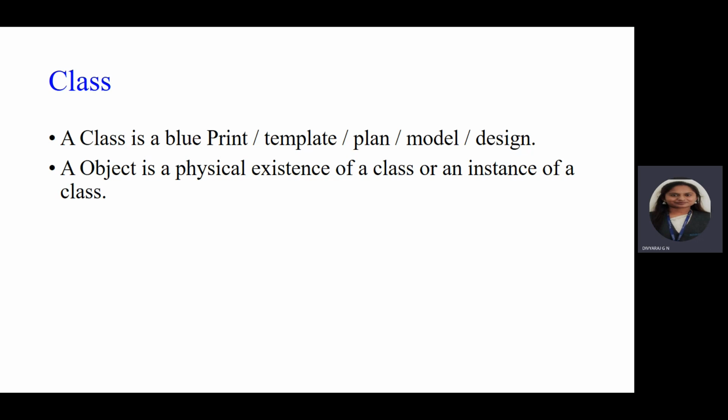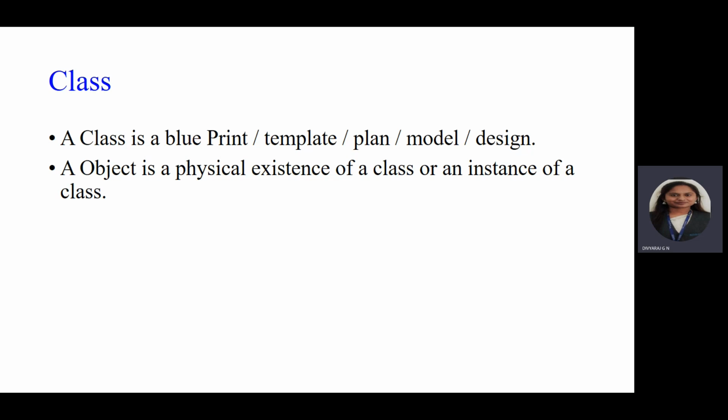The basic fundamental of Python object-oriented programming is understanding the real definition of what is a class and what is an object. A class is a blueprint and an object is the physical existence of a class, or you can also call it an instance of a class.